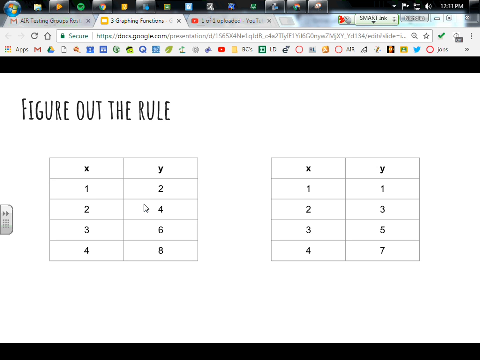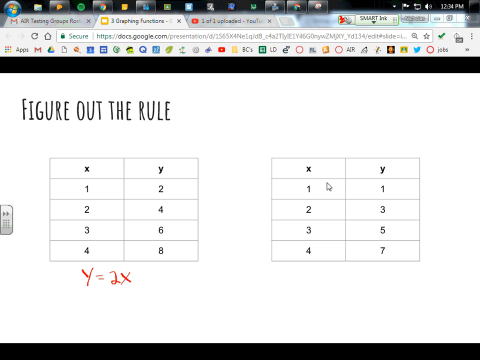So let's try multiplication. 1 times 2 would give you 2. 2 times 2 does give you 4. 3 times 2 does give you 6. And 4 times 2 does give you 8. So this function has to be y equals 2 times x, or just 2x.